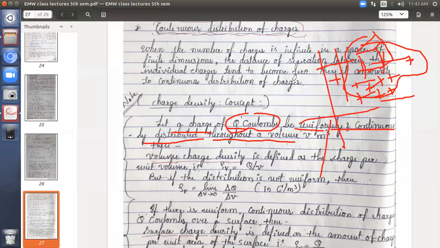Many charges are there, very tightly bound. The spacing is tending to zero, very compact, solid.